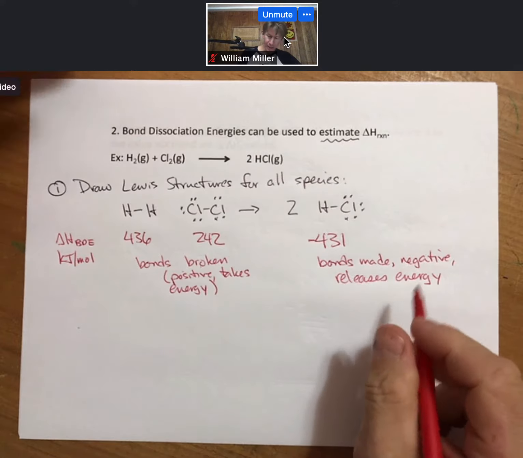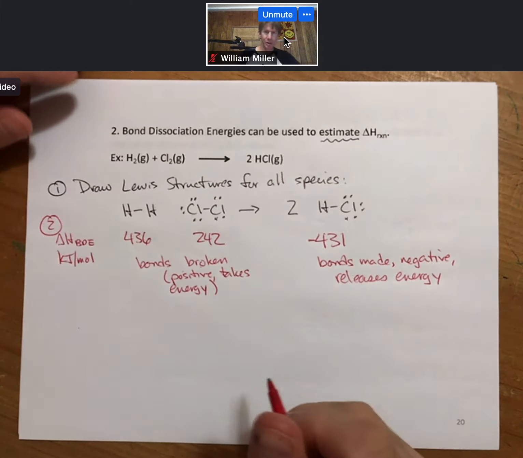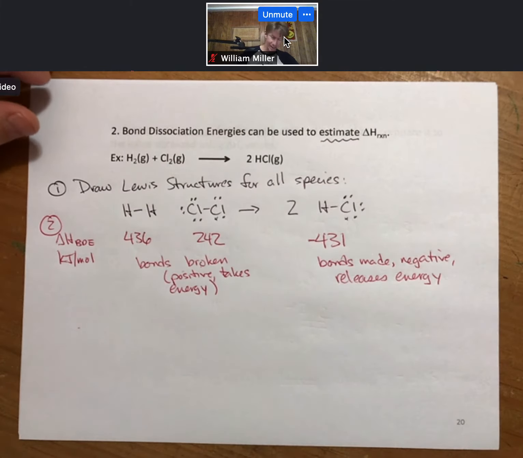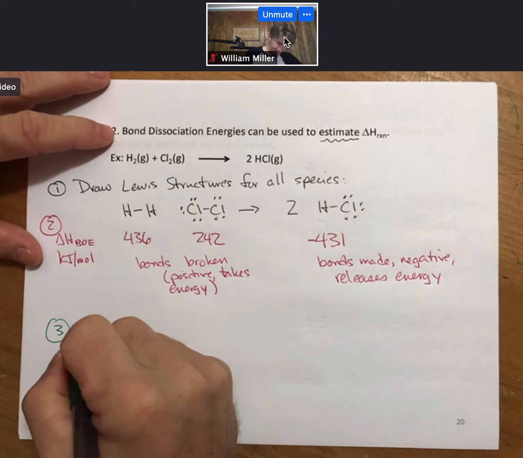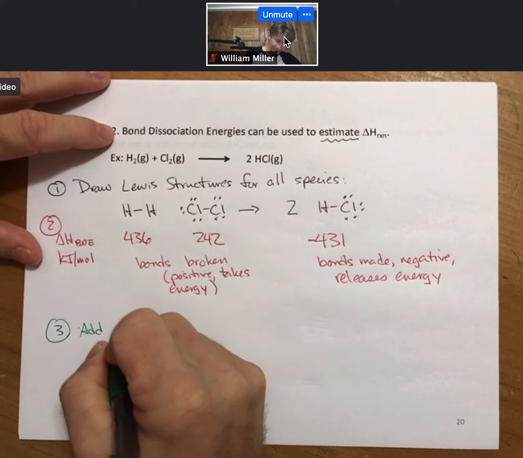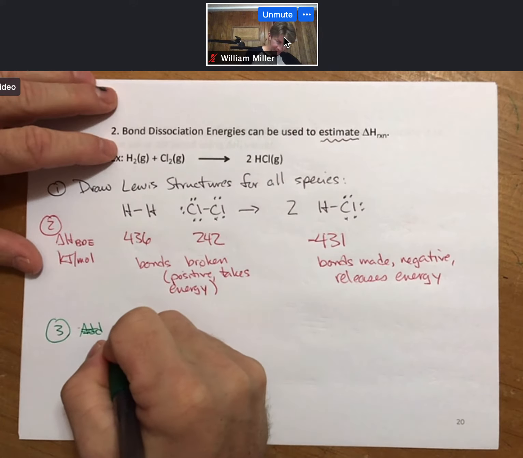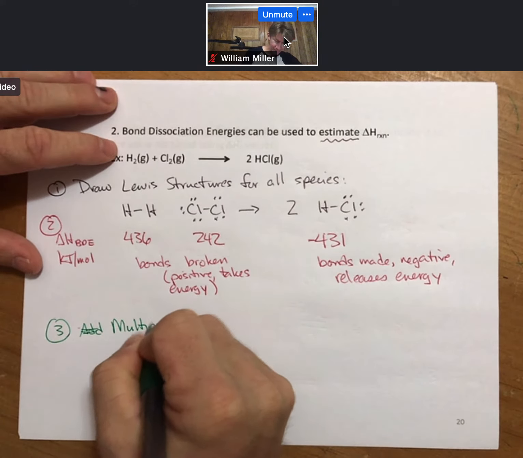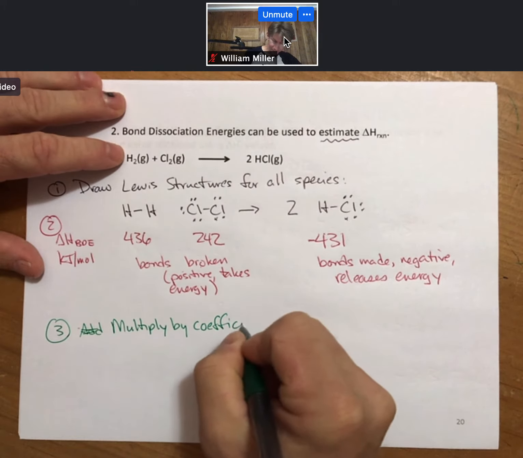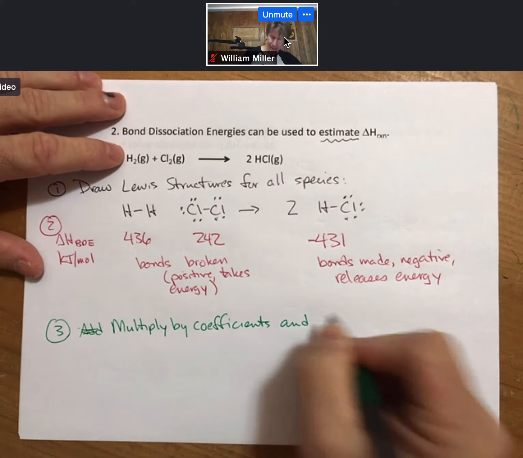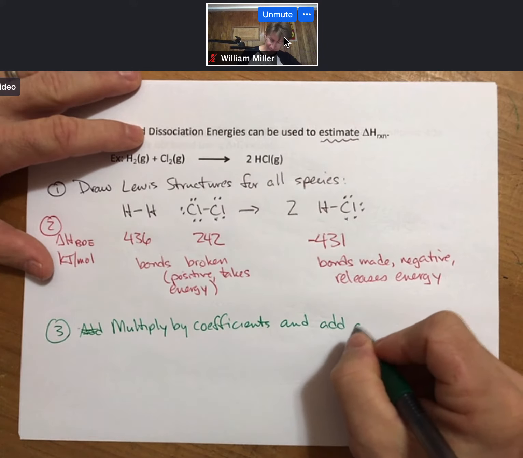And then all you do, so let's see, I guess that was step 2, do the bond dissociation energies. And then step 3, multiply by coefficients and add all numbers.